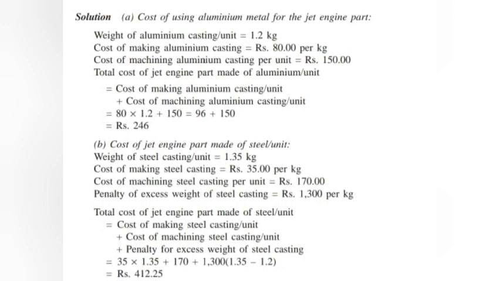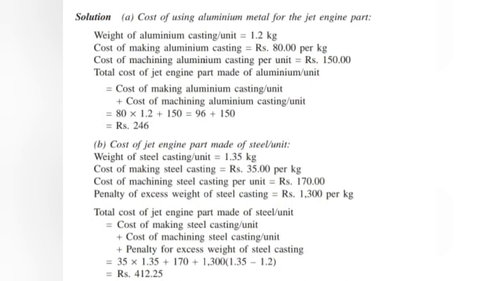Here they have also mentioned the penalty: excess weight will have a penalty of rupees 1300 due to increased fuel consumption. So here we have to include the penalty because the steel casting is heavier.